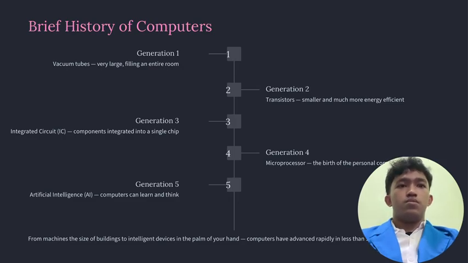Generation 4, the emergence of the microprocessor, making possible the birth of the personal computer, or PC, as we know it. Generation 5, artificial intelligence, or AI, where computers begin to learn and think.